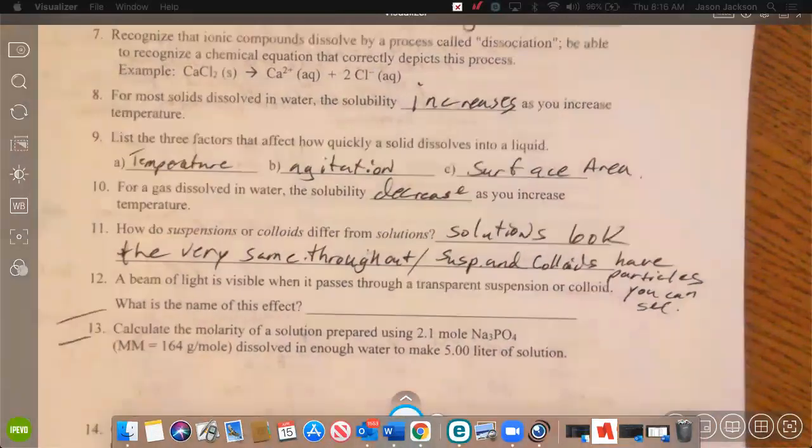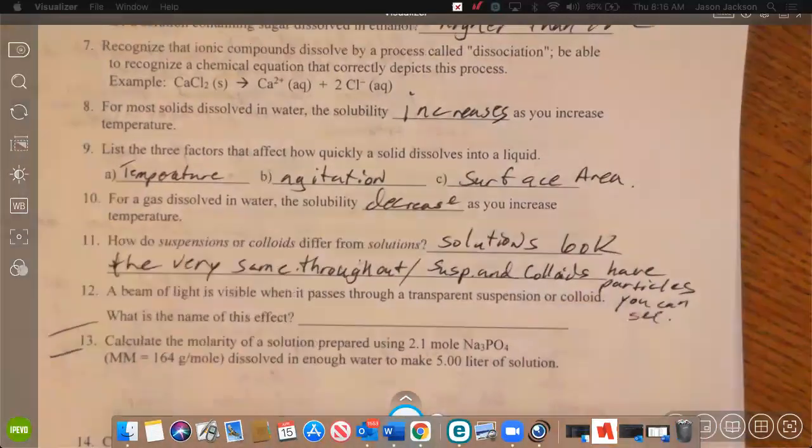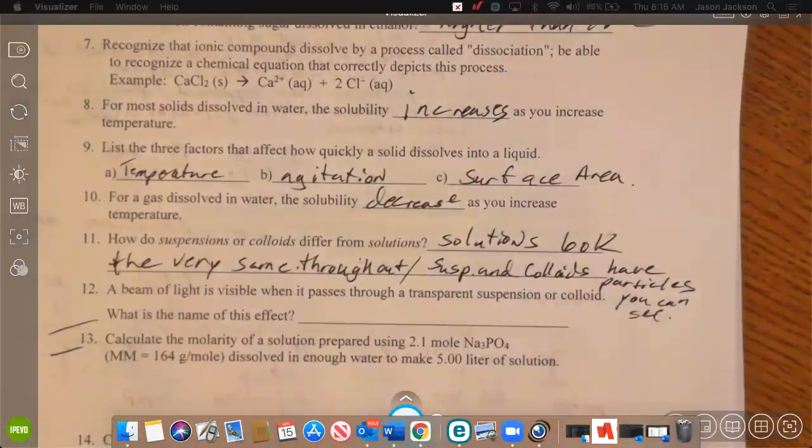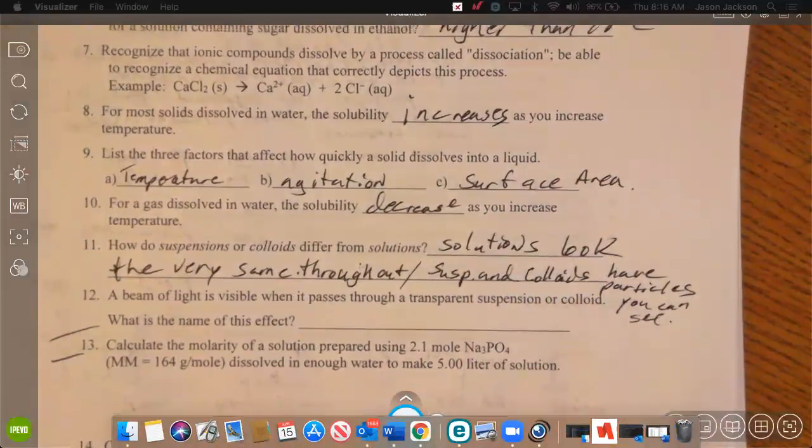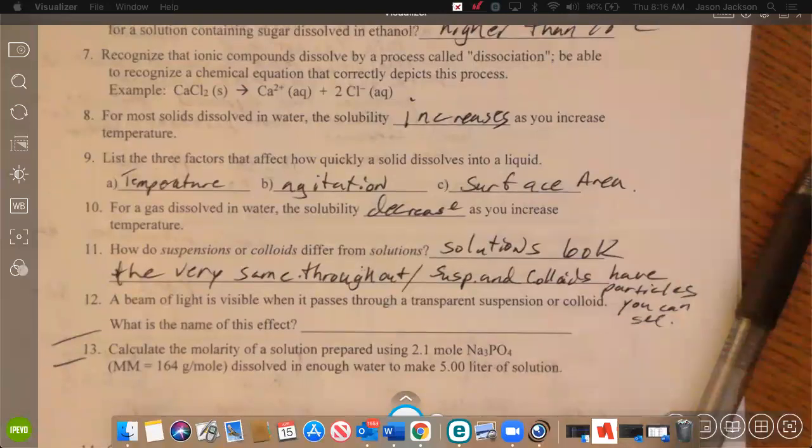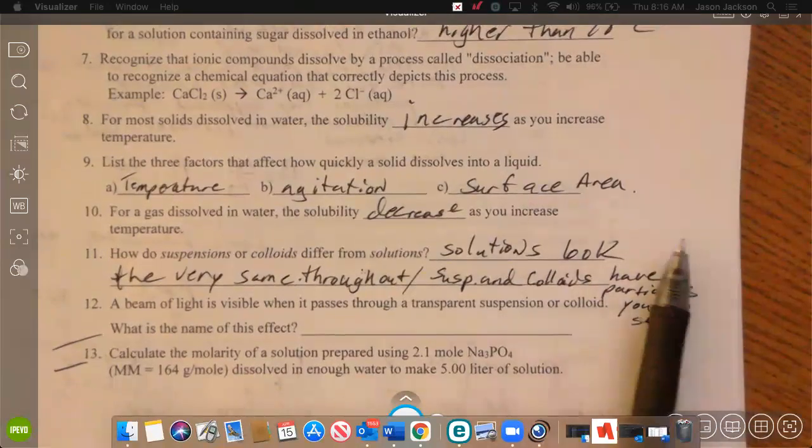For example, if you take a look at skim milk, you'll see the actual milk fat inside of there.